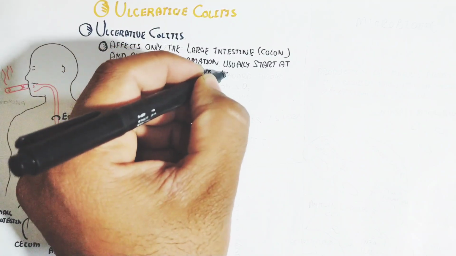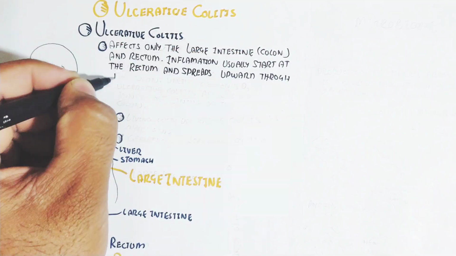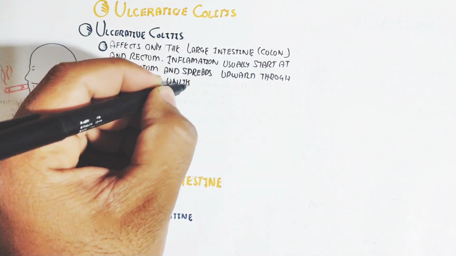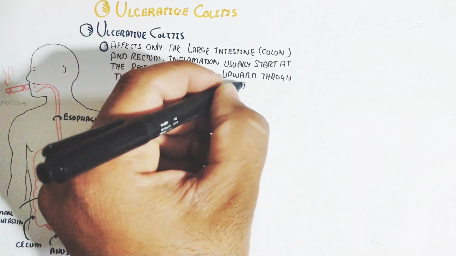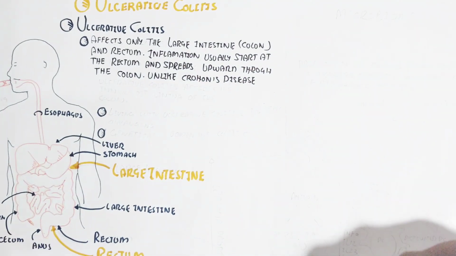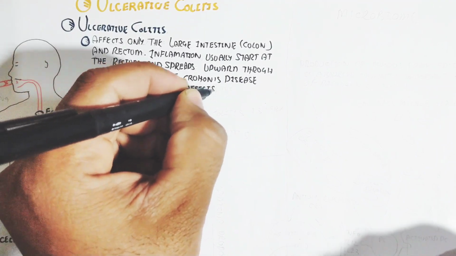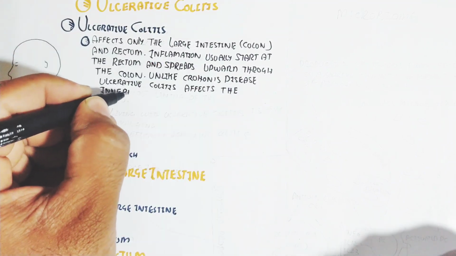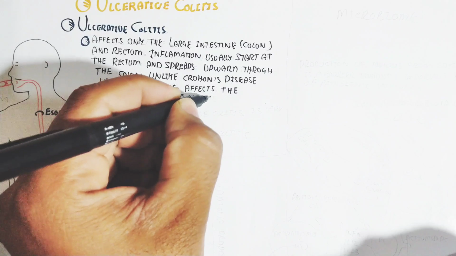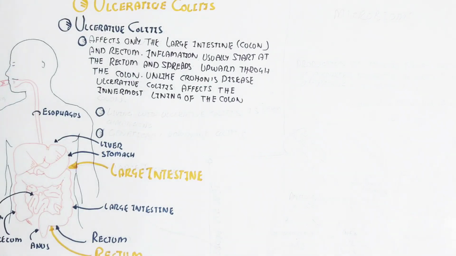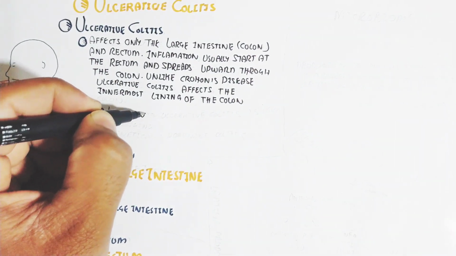Unlike Crohn's disease, ulcerative colitis affects the innermost lining of the colon. Crohn's disease basically does not affect the innermost lining of the colon. We will discuss Crohn's disease in the next video, along with the differentiation.